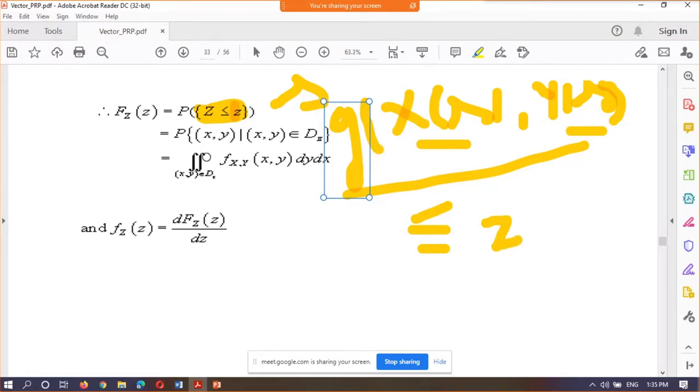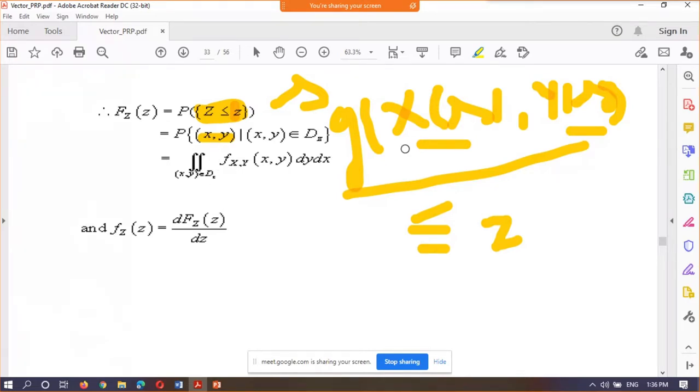To calculate this probability, we use the probability that X and Y belong to Dz, which are those small x and y for which g of small x comma small y is less than or equal to small z. So we collect all those ordered pairs x and y such that g of small x comma small y is less than small z, and then for those points we integrate.